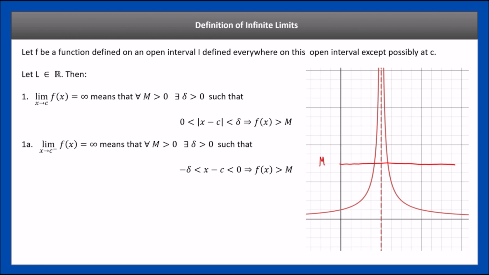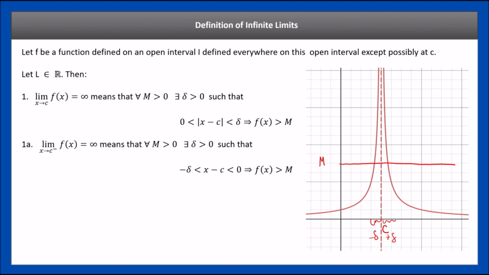So it says that for all m, there exists a delta. So there exists some kind of delta. This is c right here, and if we introduce a delta, for example, this little delta here, negative delta, and then this is going to be positive delta, so a little bit of space away from c.